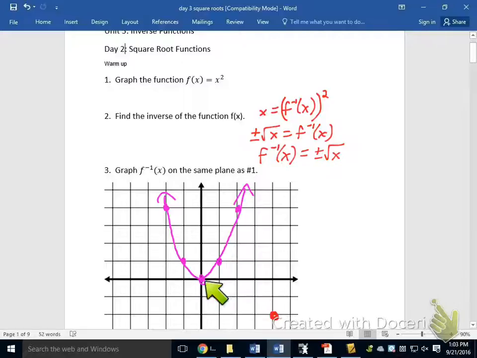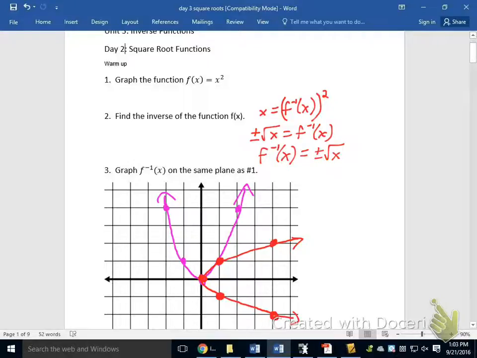Now for 0, 0, if I swap x and y, it stays 0, 0. For both of these two points, 0, 0 and 1, 1, they lie on the line y equals x, so they aren't going to change. And for 2, 4, it'll become 4, 2. And this is my graph right here, a parabola opening to the right.